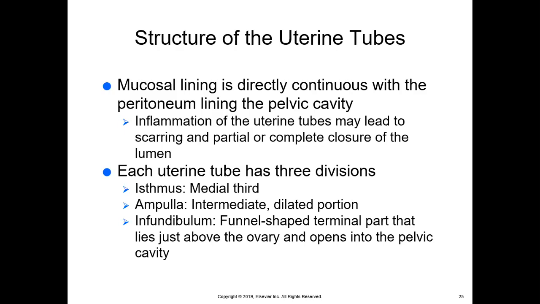That's the portion of the tube in between the uterus and the ovaries. Then you have the infundibulum. That's a funnel-shaped terminal part that lies just above the ovary and opens into the pelvic cavity. So the infundibulum is like a funnel shape that surrounds the ovary.